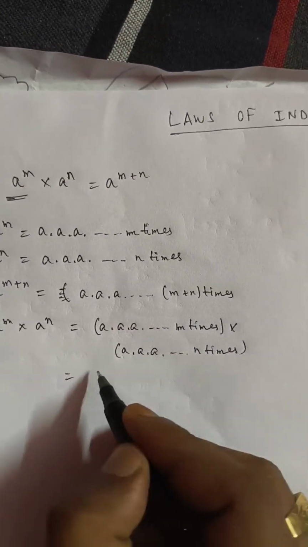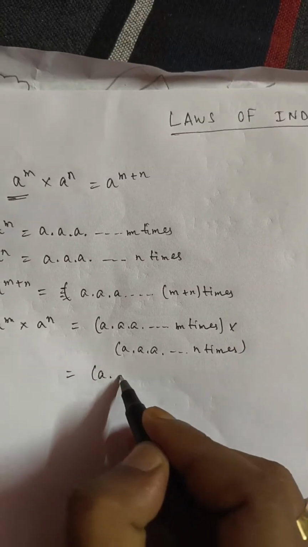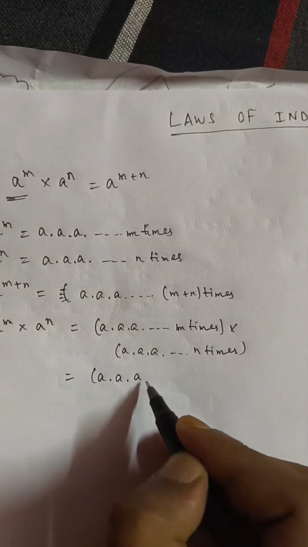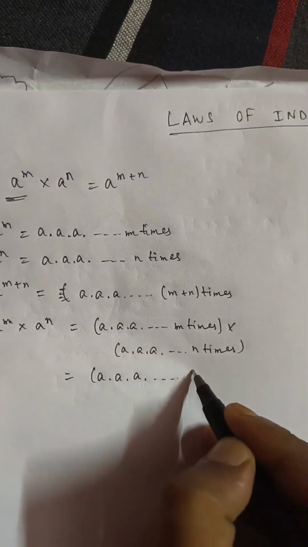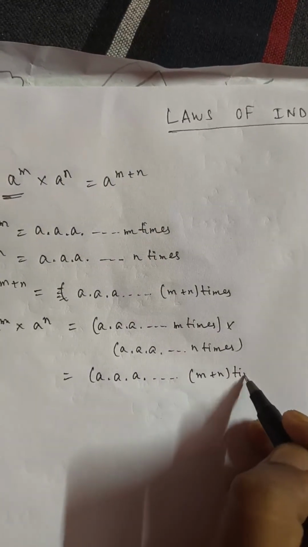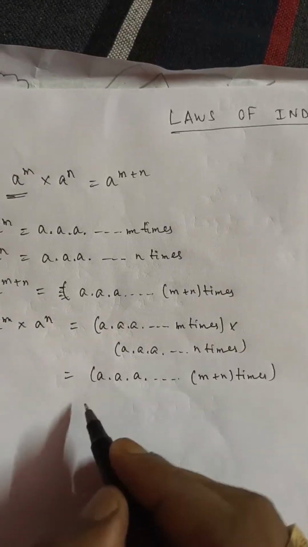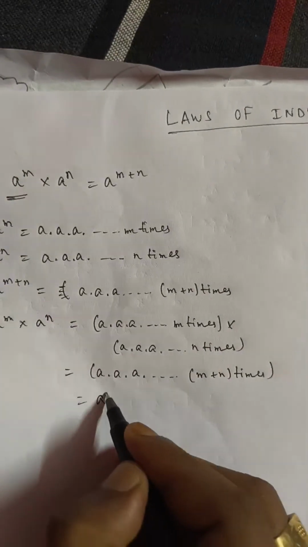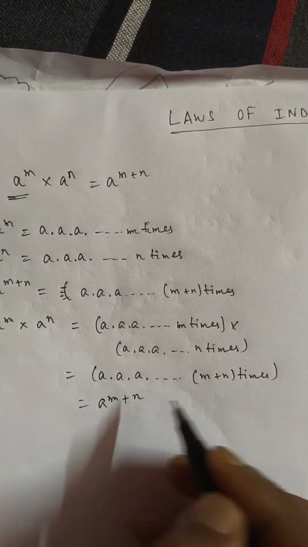So overall we will get a multiplied m plus n times. So we get a to the power m plus n.